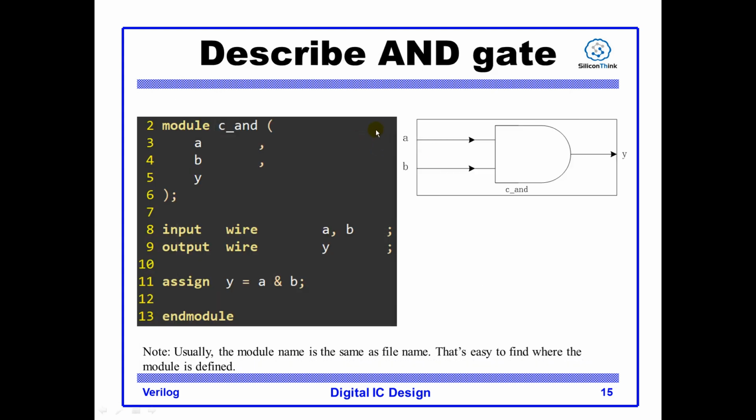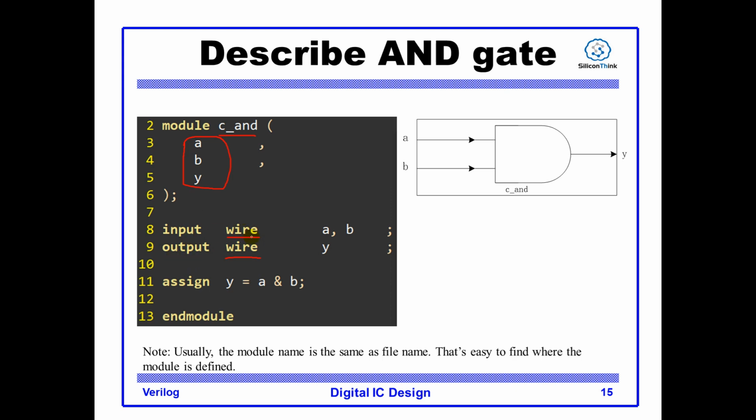Okay, let's use the basic syntax to define the function of an AND gate. So you have the module name, and give a name for this module. Then put the input and output signals here, and declare the details of these signals with data type and directions. For the module IOs, you have to define the direction of each signal, such as input, output.